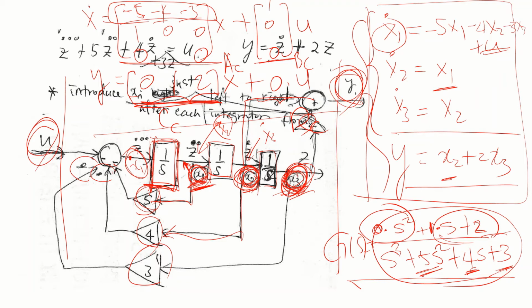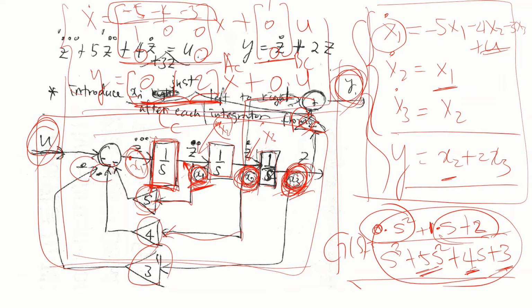So we got this state model through quite a complex job. Like we drew this block diagram to get the state model, but actually you don't have to draw this block diagram to get the state model. You can get it directly from the transfer function.